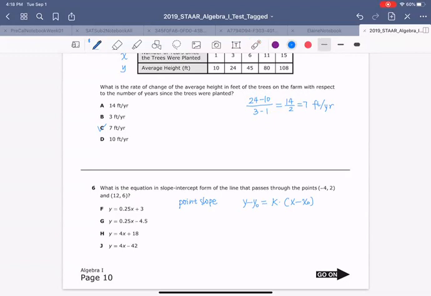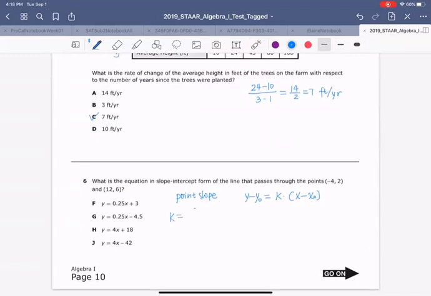That's your slope. So which one you choose? F. Yes. Good.